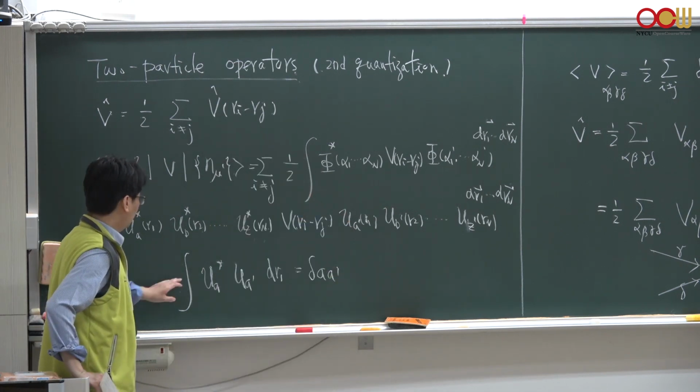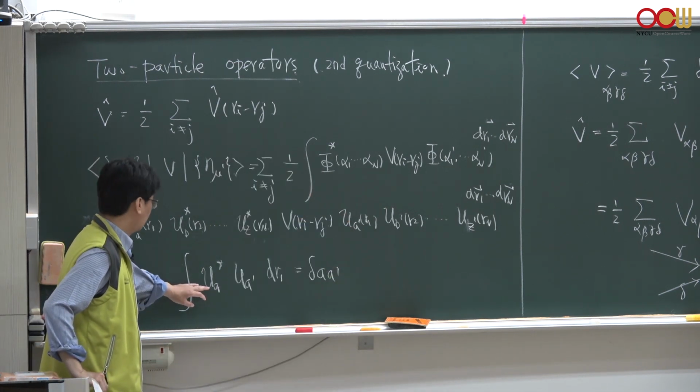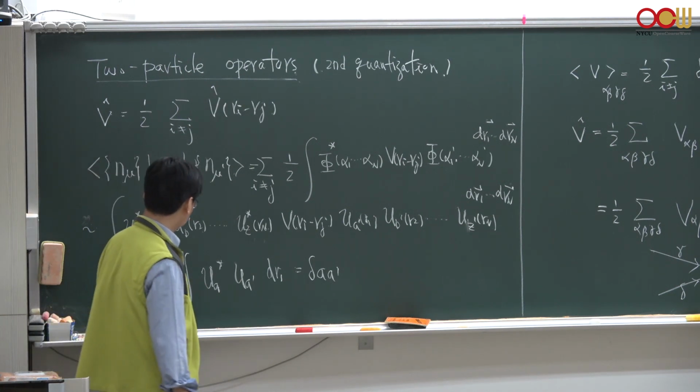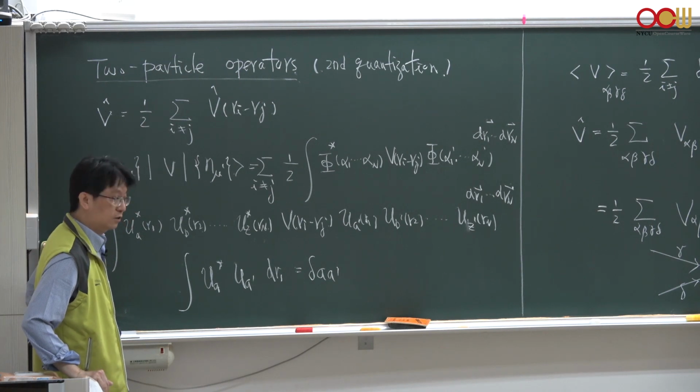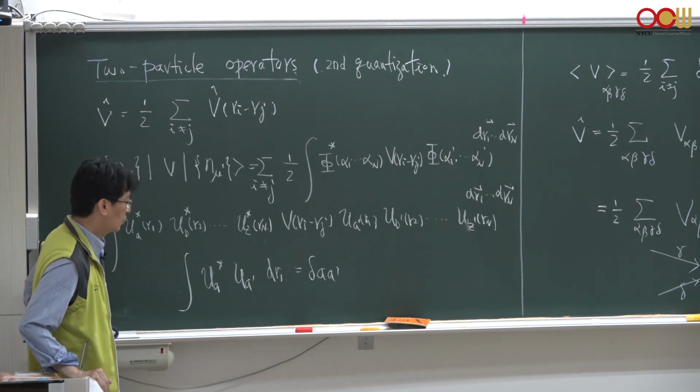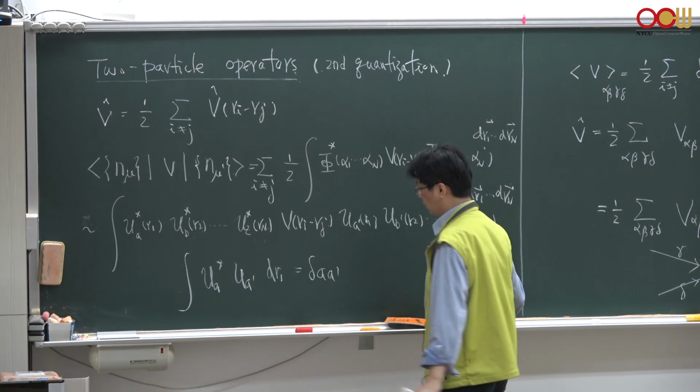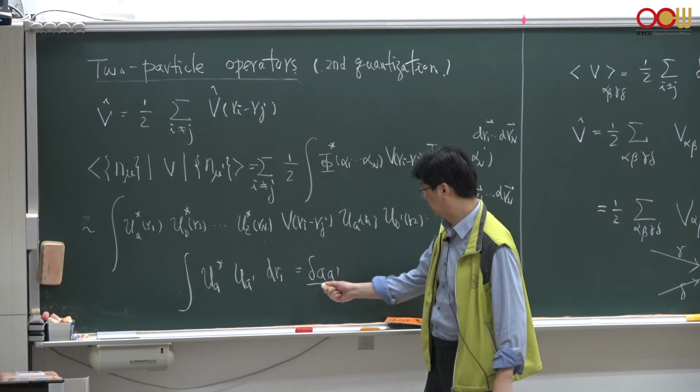Okay, but we know that those single-particle eigenbases, say U_A and U_A prime, are normalized and orthogonal eigenfunctions for a single-particle eigenstate, so they should satisfy orthonormal conditions.